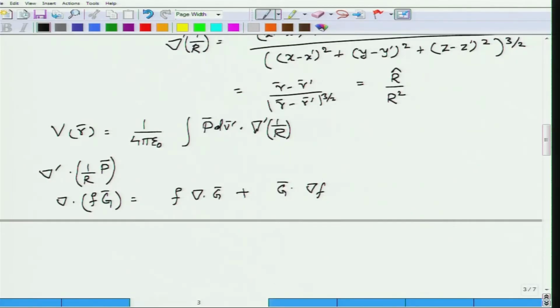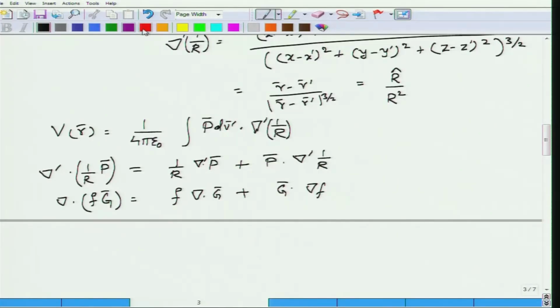So, I have this identity and I can apply this identity to 1 by r into p. Okay. So, if I apply this identity, what do I get? I get 1 by r del dot p. Now, this del is with respect to the primed coordinate. So, therefore, this is del prime dot p, and this is nothing but p dot gradient prime of 1 by r.